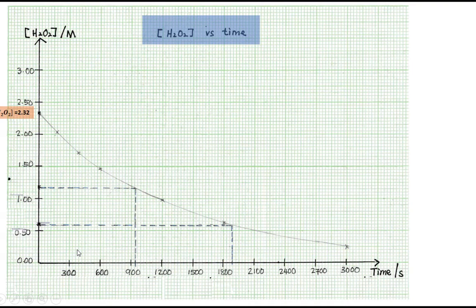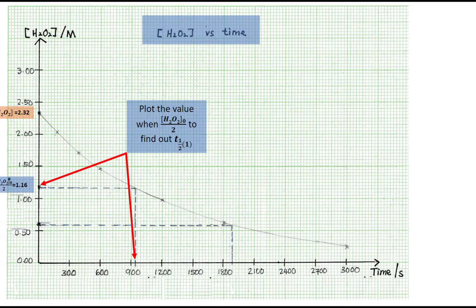According to the data given, plot a graph of concentration of hydrogen peroxide against time. Then, plot the value when the initial concentration of hydrogen peroxide becomes half to find out half-life 1.